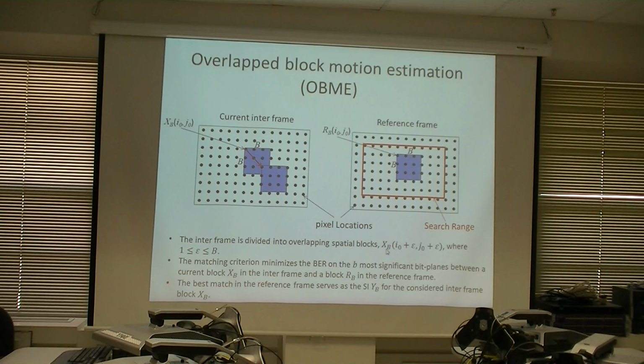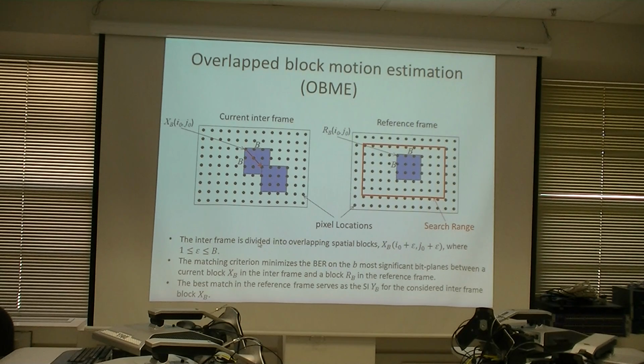The overlapping spatial blocks are X sub B, I sub 0 plus epsilon, J sub 0 plus epsilon, and epsilon is smaller than or equal to the block size capital B, and bigger than or equal to 1. So for the block XB in the interframe, the number of overlapping spatial blocks is equal to capital B over epsilon.